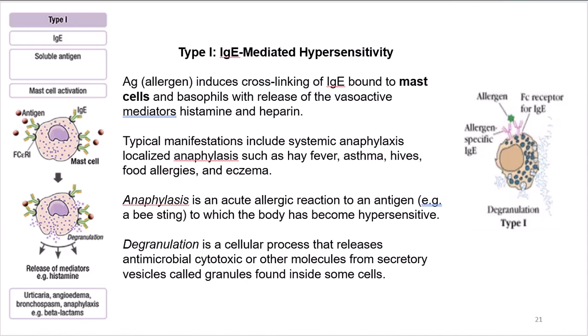So just quickly to go through, type 1, IgE mediated. You have degranulation, this process where the mast cells secrete histamine and heparin. Anaphylaxis, again, we looked at that. That's when you have the inflammation that causes severe swelling, say, of the airway, and you end up having trouble breathing.